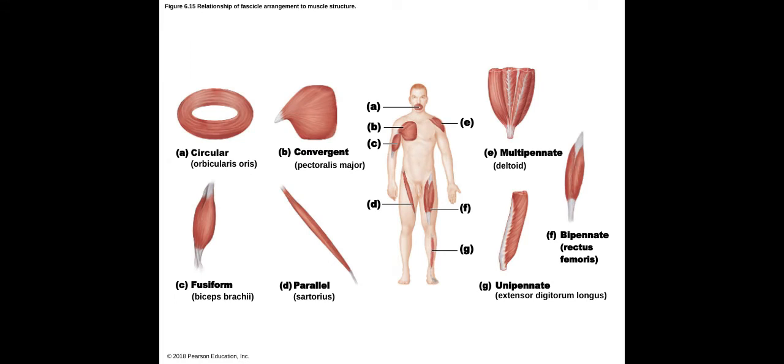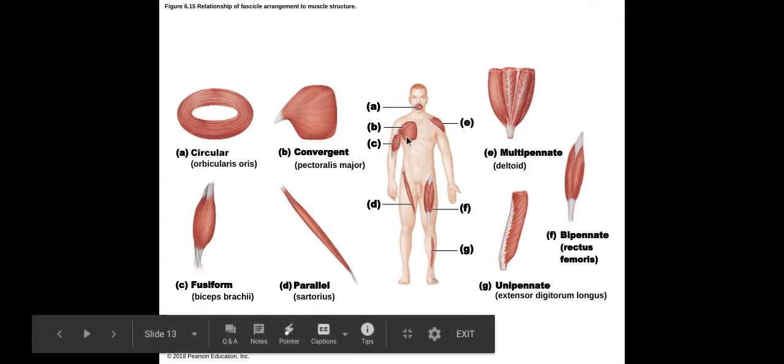Okay, some types of muscles. You'll see circular. The example for that is around your mouth, the orbicularis oris. Convergent is a type. The pectoralis major, B, that's showing the shape of it.